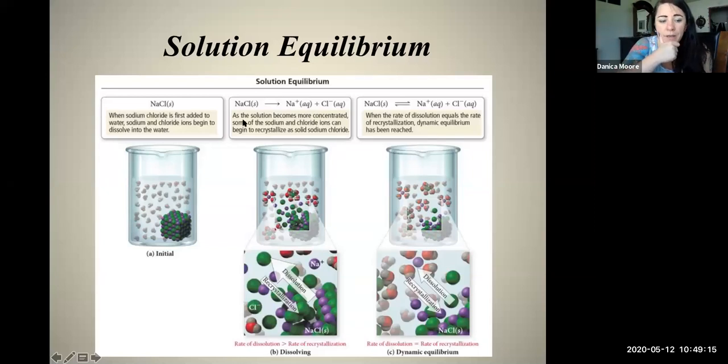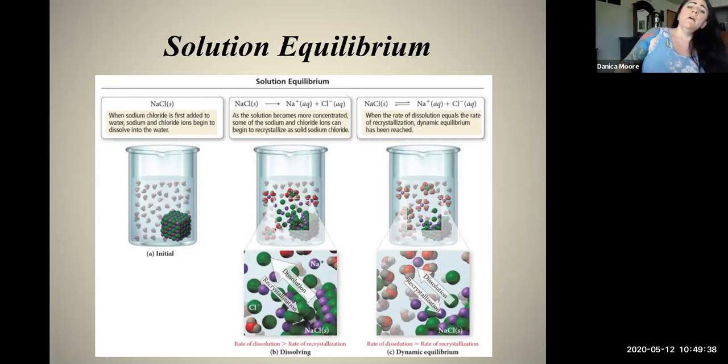So this spectrum of whether or not something can be soluble or can dissolve is really determined by the solution equilibrium, okay? When sodium chloride is added to water, the sodium chloride begins to dissolve or dissociate.